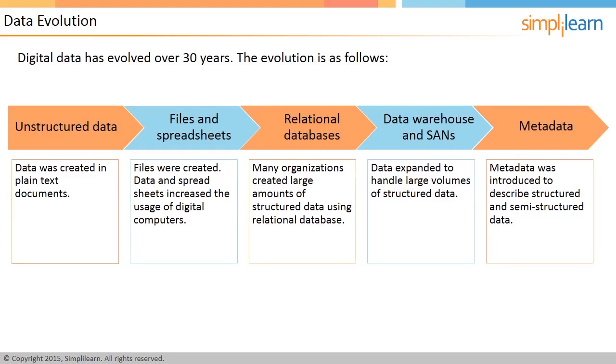The introduction of relational databases revolutionized structured data, as many organizations used it to create large amounts of structured data. Next, the data expanded to data warehouses and storage area networks, or SANs, to handle large volumes of structured data. Then the concept of metadata was introduced to describe structured and semi-structured data.